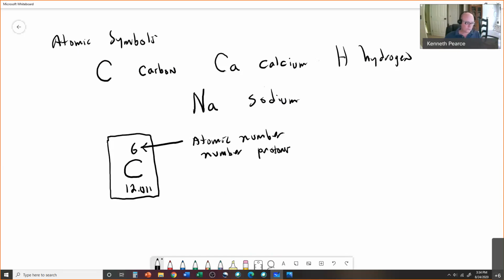Okay, and you may say to yourself, well, what about the neutrons and electrons? Well, they're in there. We're getting to it. So that's the atomic number, the number of protons. Now, all carbon atoms have 6 protons. If it has something other than 6, then it's something different. So we can have, say, nitrogen, which has a number over the top, and it means the number of protons as well.